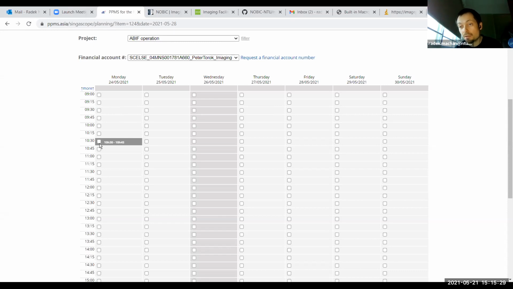I cannot cancel the whole session, but because you see the calendar, the booking is in 15-minute slots. So if I booked from 10:30 and I cancel at 10:35, I will pay only the first 15 minutes.